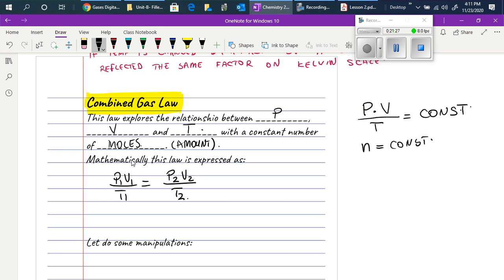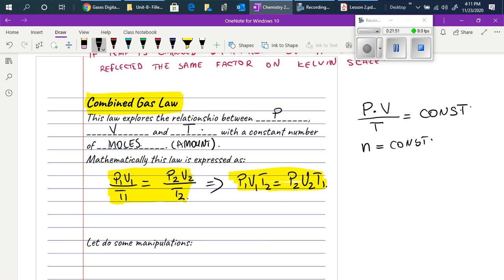If you cross multiply them, you will have P1 V1 T2 equal to P2 V2 T1. You can see this law in those two forms, and this is known as the combined law.